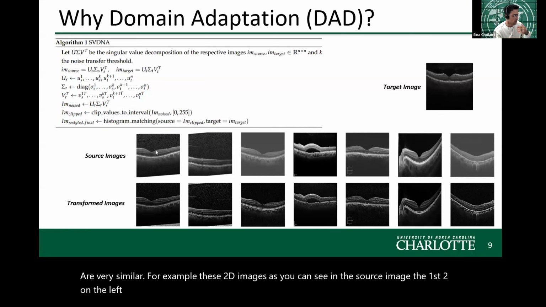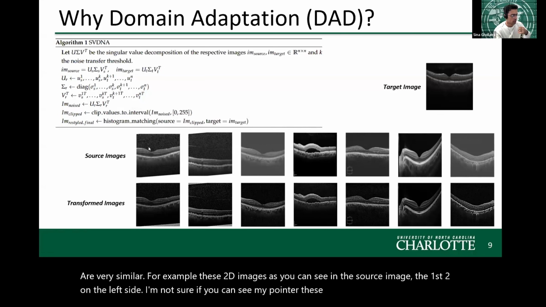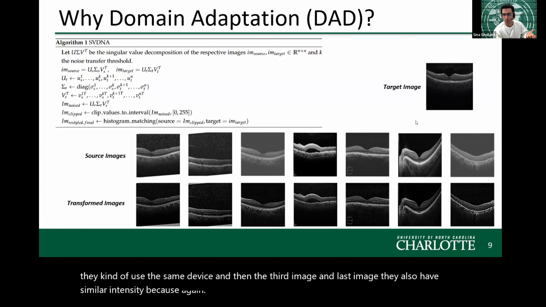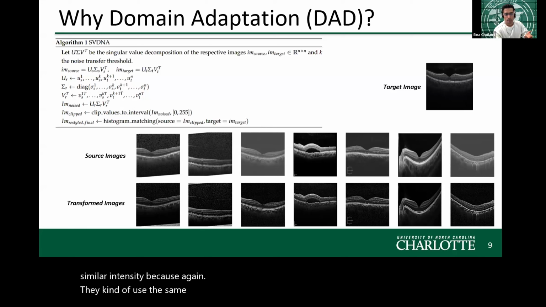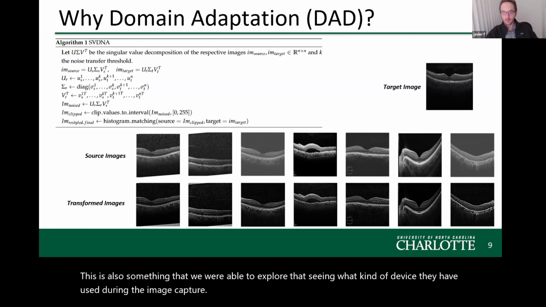I'm not sure if you can see my screen. We can see it, yes. These two are very similar because they use the same device. And then the third and last images also have similar intensity because again, they use the same device. This is also something that we were able to explore, seeing what kind of device they have used during the image capture.